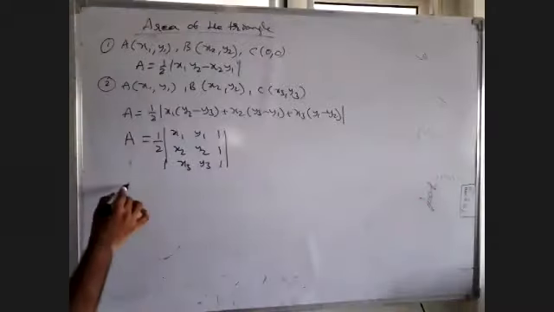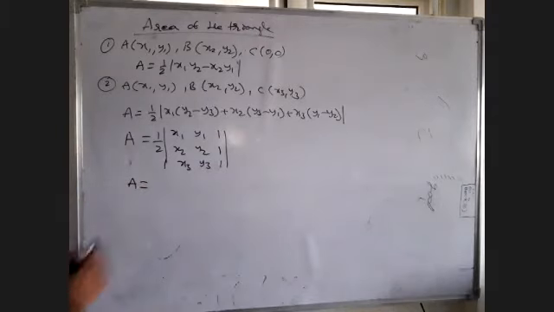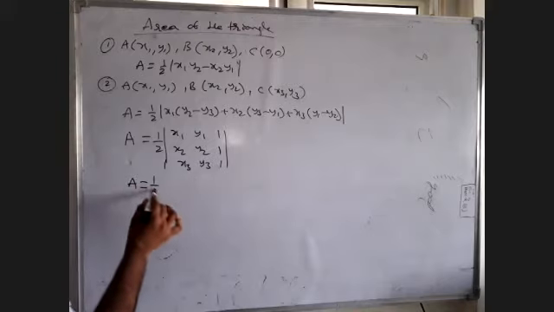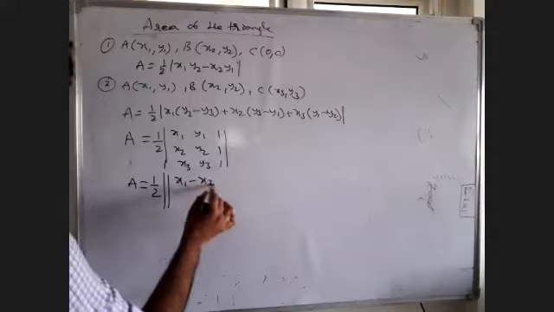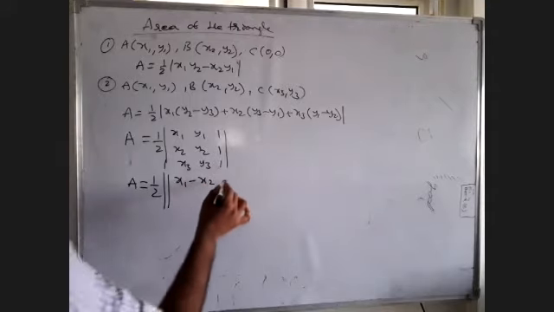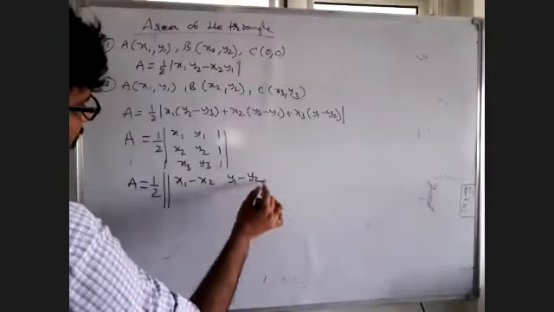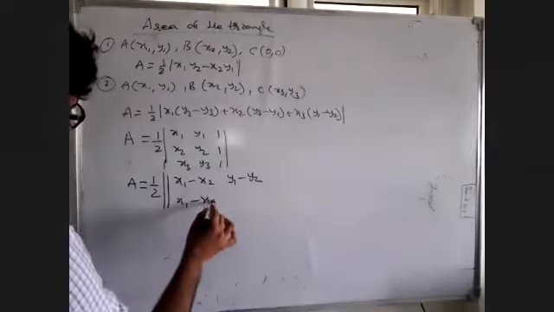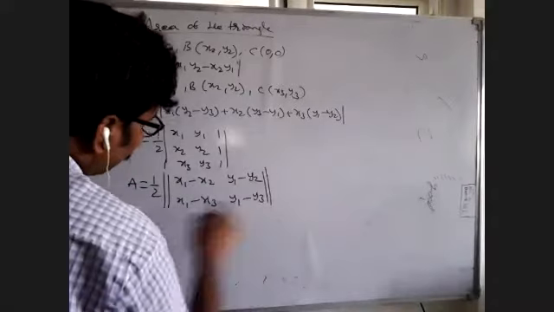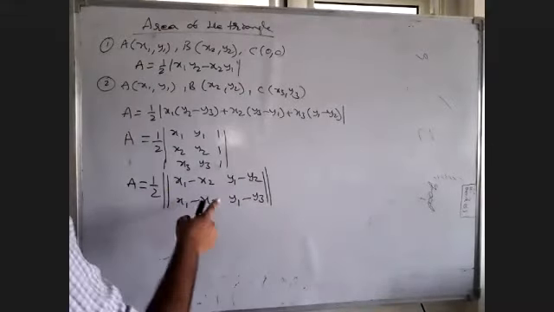And one more: area is equal to half mod det of the matrix with rows (x1 minus x2, y1 minus y2) and (x1 minus x3, y1 minus y3). The determinant is inside the mod.